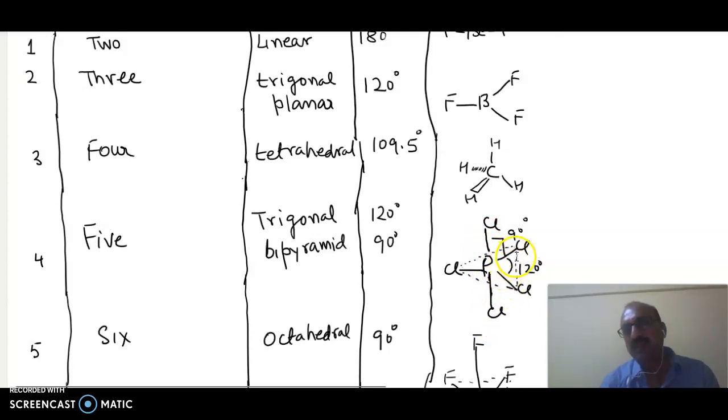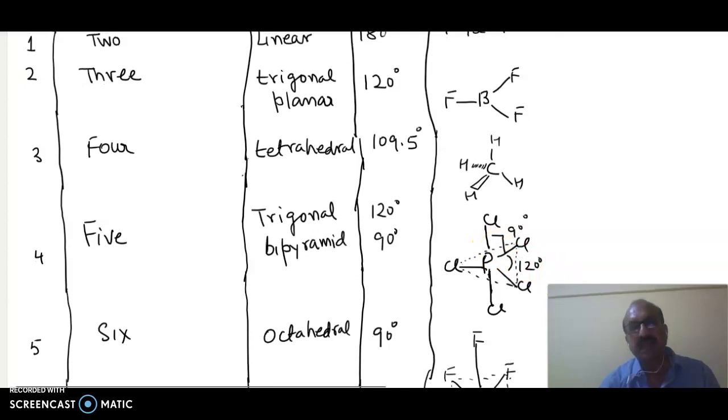The bond angle between the P-Cl bonds in the same plane is 120 degrees, and the angle between the chlorine projecting upwards and the chlorine in the plane is 90 degrees.